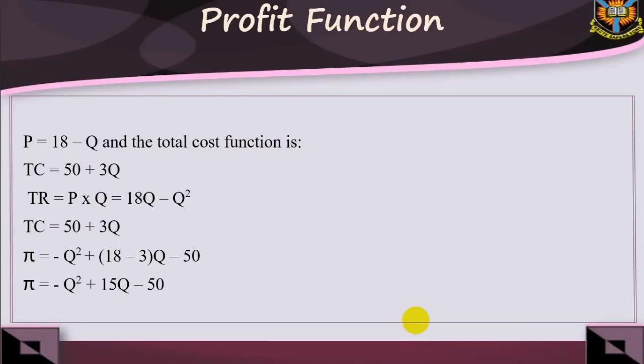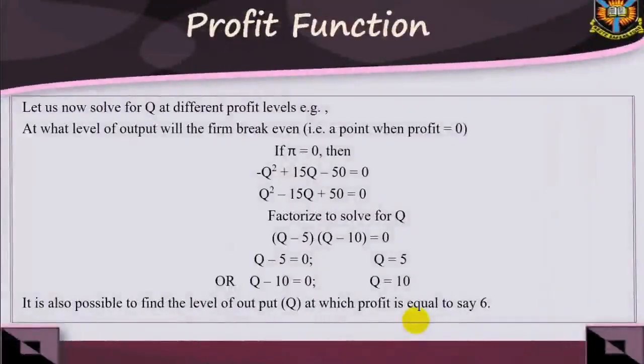Let us now solve for Q at different profit levels. E.g., at what level of output would a firm break even? That is, a point where profit is equal to 0. If pi equals 0, then minus Q squared plus 15Q minus 50 equals 0.